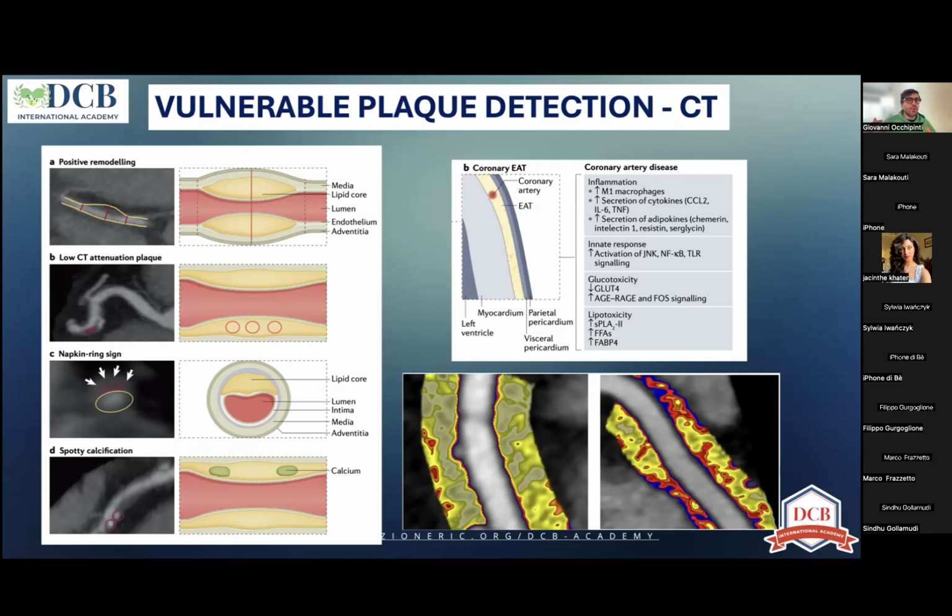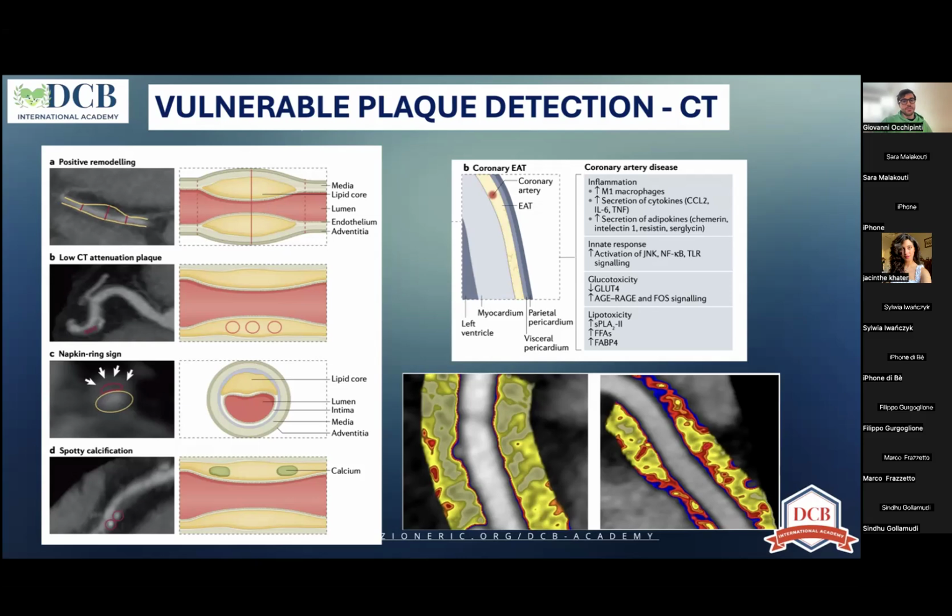more and more important as a technique to define a vulnerable plaque is because the concept of vulnerable plaques is progressively shifting to the concept of a vulnerable patient, and CT in this context offers the opportunity not only to evaluate a vulnerable plaque and its characteristics, but also other things, as you see on the right part of the screen, the epicardial adipose tissue.